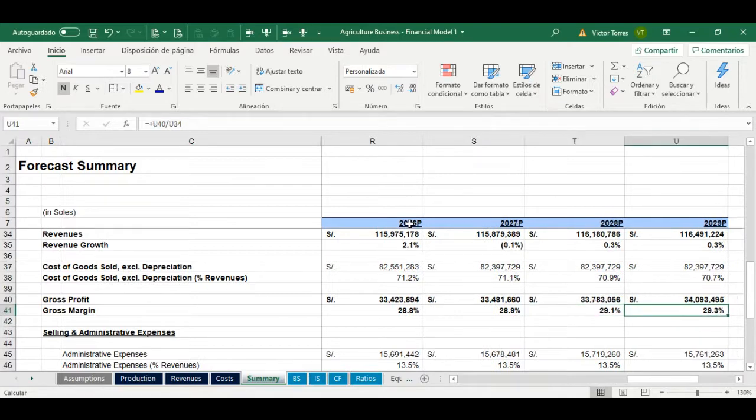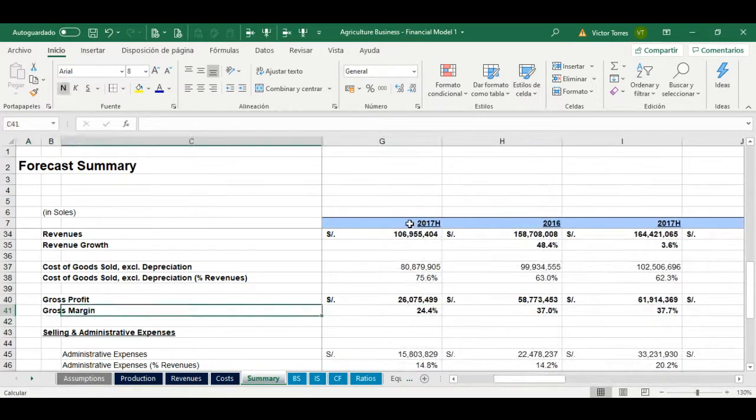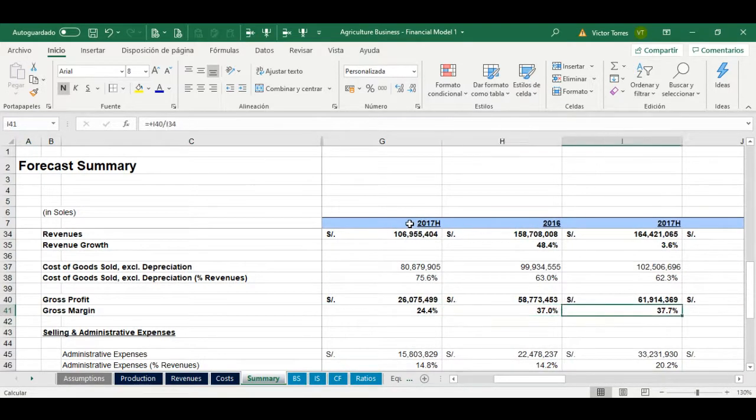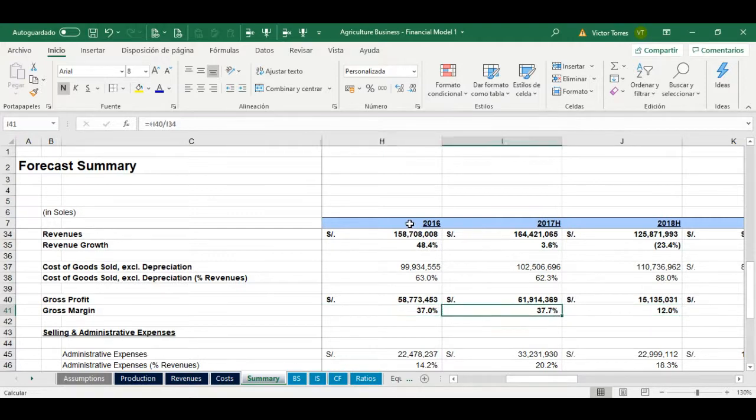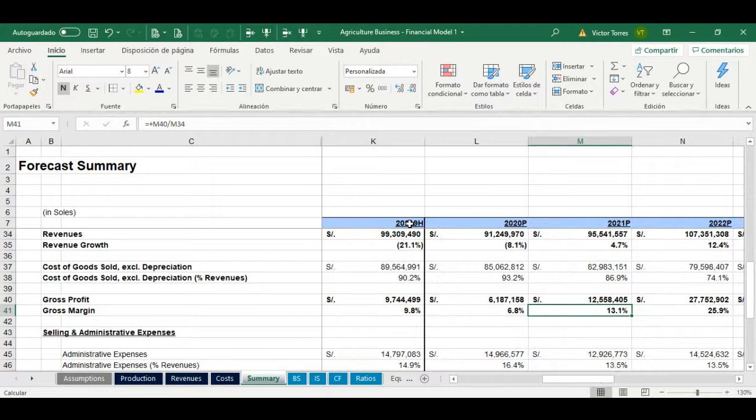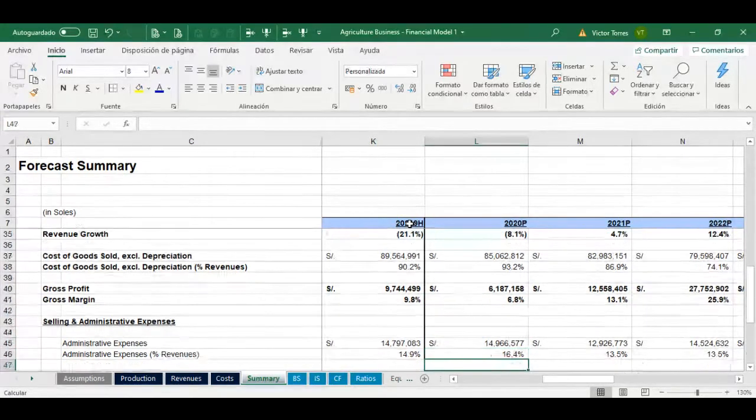The aim of the company was to try to achieve once again the 30% observed in 2016, 2017, but we put a cap over there, not going farther than 30.